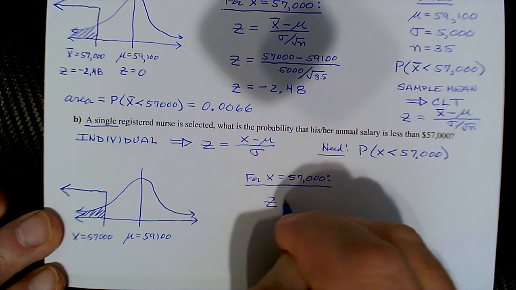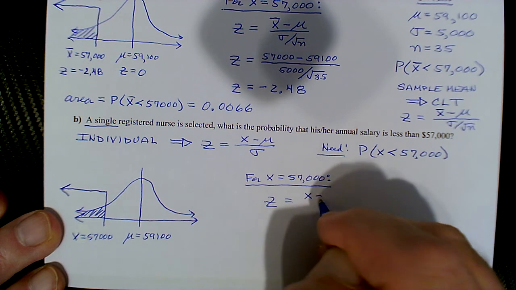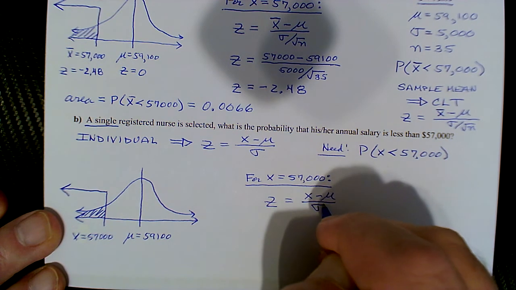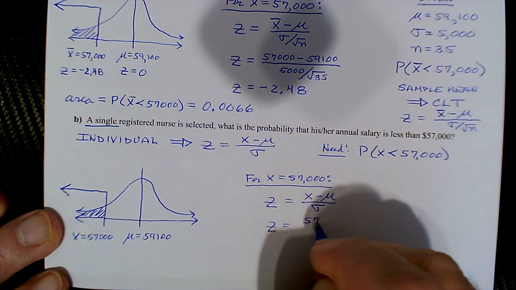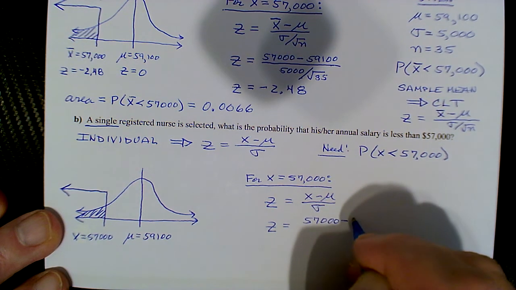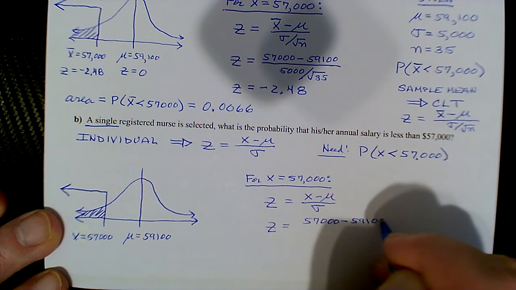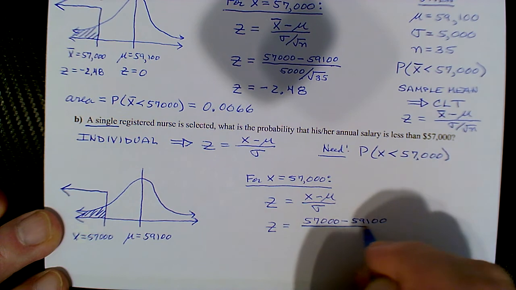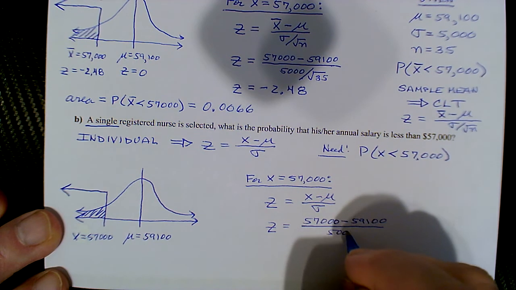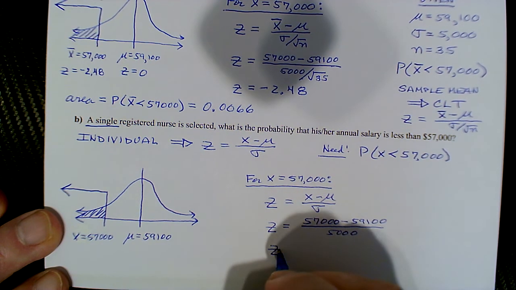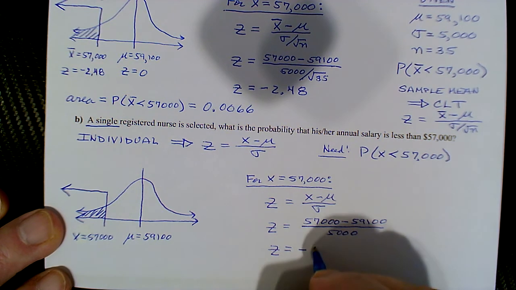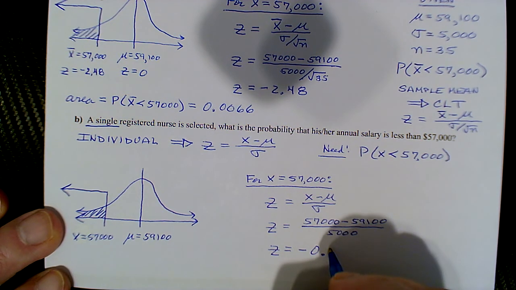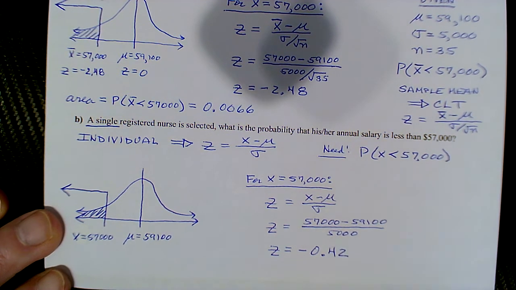Now we're going to use the z-score formula, x minus mu over sigma. So that gives us 57,000 minus the mean, 59,100 still, over the standard deviation of 5,000 still. And the z-score there calculates to negative 0.42.